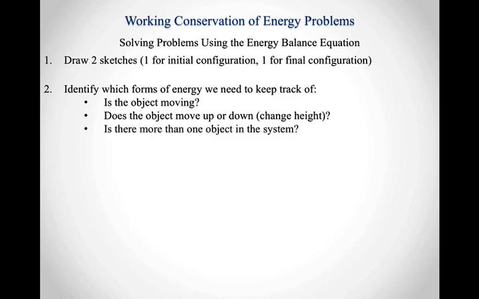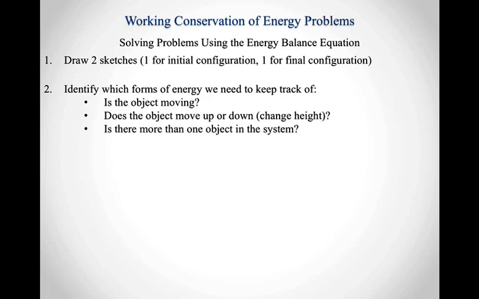Now, of course, we can have multiple objects in our system. So we're going to get to ask these questions for each object. If we've got 3 pieces in our system, let's say, we'll need to ask, is object 1 moving? Is object 2 moving? Is object 3 moving? Is object 1 changing heights? Is object 2 changing heights? Is object 3 changing heights?